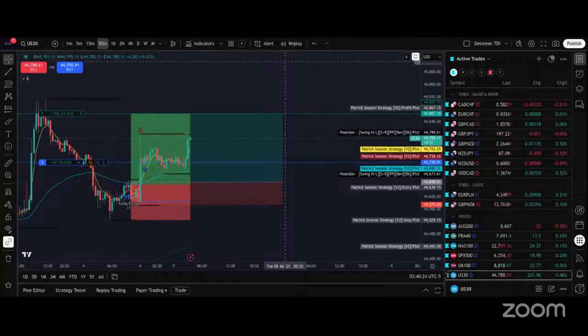Again, tracking a possible break of 44,799, which is the top of current structure for US 30.